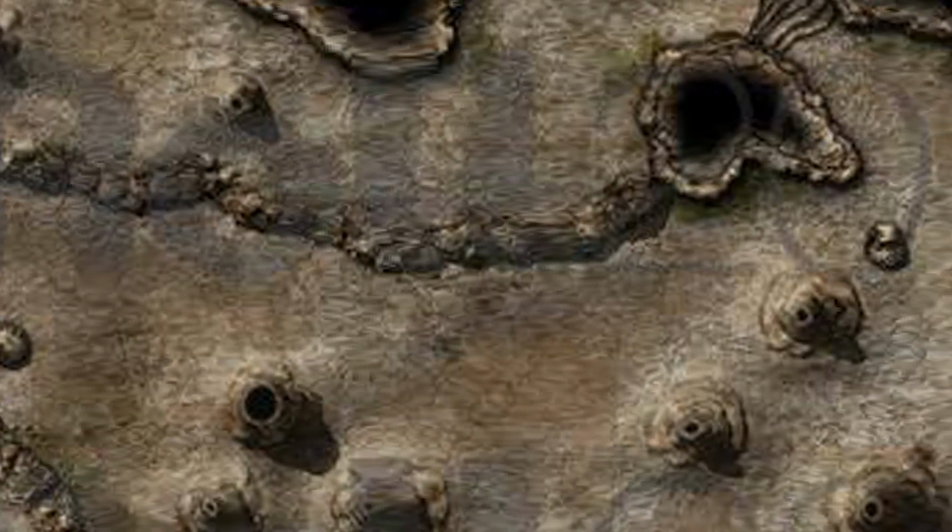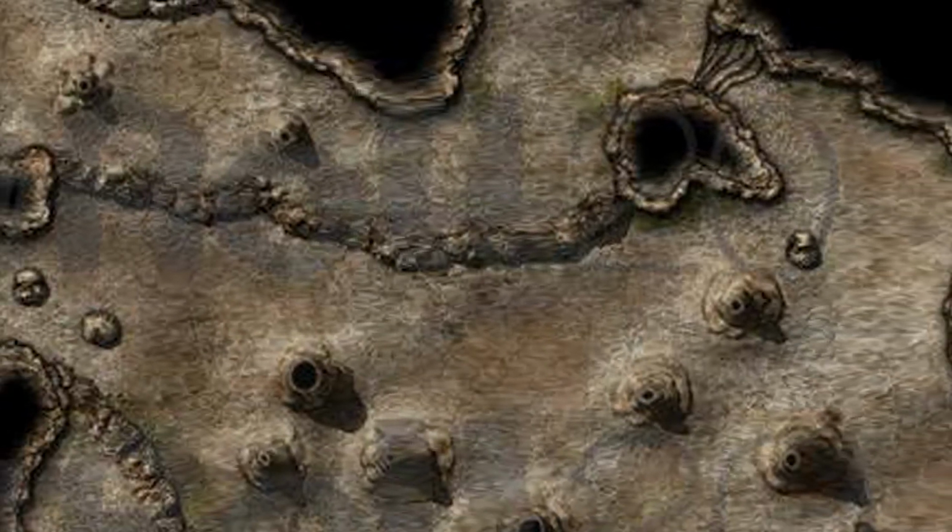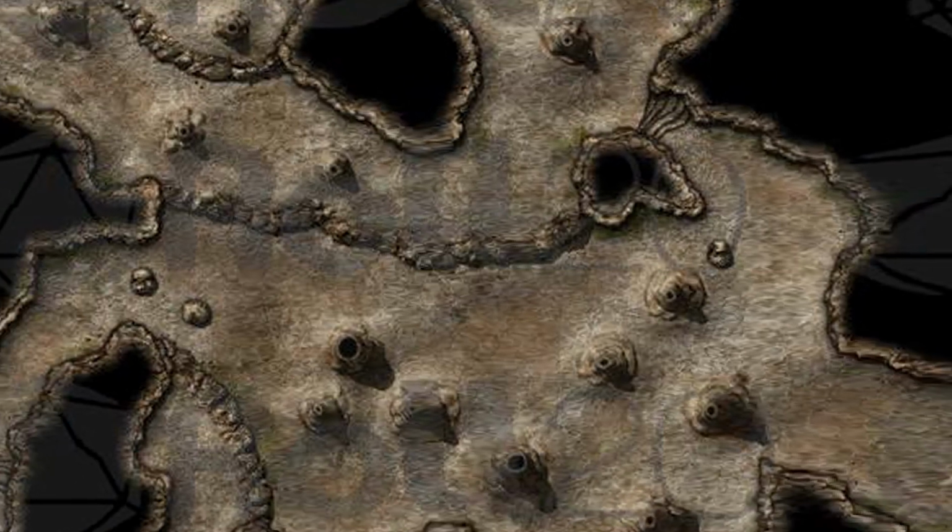So I see nothing that indicates that there's a set rule for the number of rooms or spaces within a dungeon level. In fact, a dungeon level might consist of a big cavern with a lot of sort of nooks and crannies in it, and it might not look like a dungeon at all. In fact, when you go into that location, you might feel like, have we just gone outside?